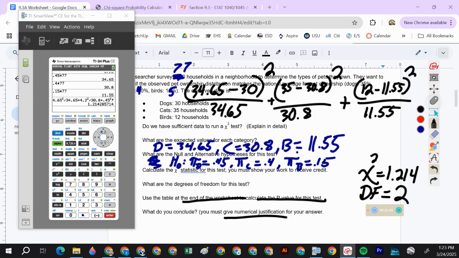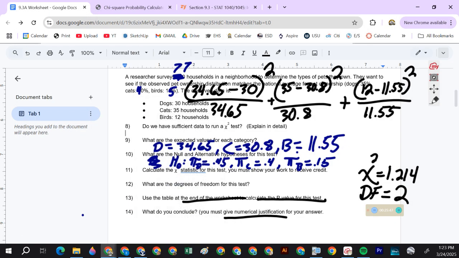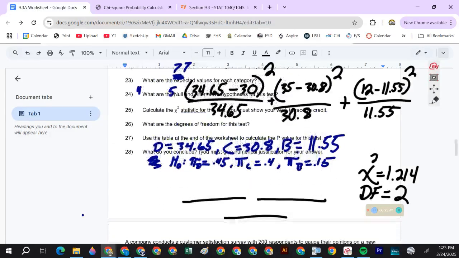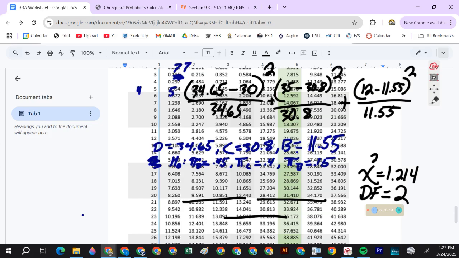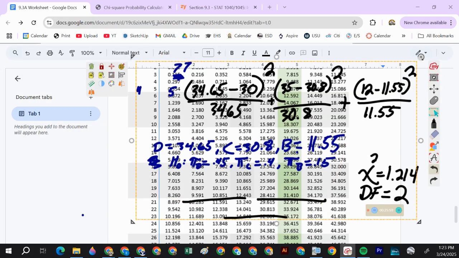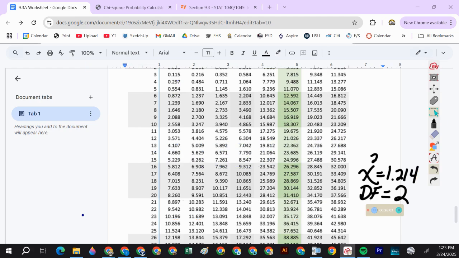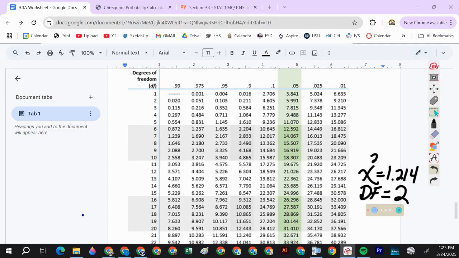2. So we go to our chi-squared paper. All right, we look at this, and we go to row 2. Where is 1.21 on row 2? It's somewhere in there.